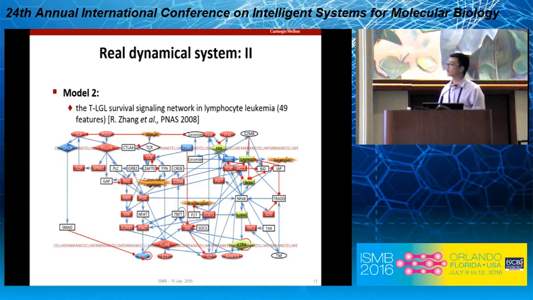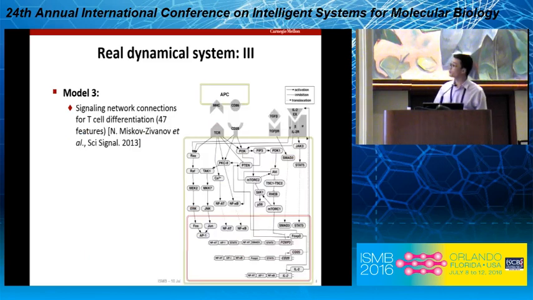It includes 49 features, and that's the map. The third one is about the signaling network connections for T cell differentiation, and it includes 47 features.